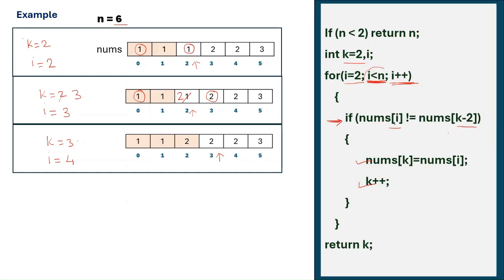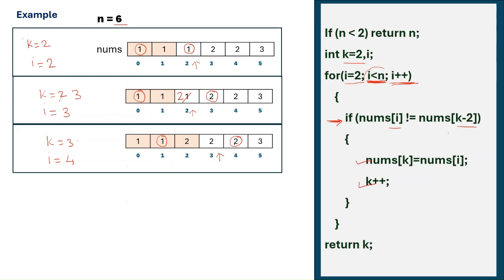It means we will check number at index I and number at index k minus 2. I is 4. Number at index 4 is 2. K is 3. So 3 minus 2 is 1. Number at index 1 is 1. Again, both the numbers are different. If numbers are different, it means it is a valid number.